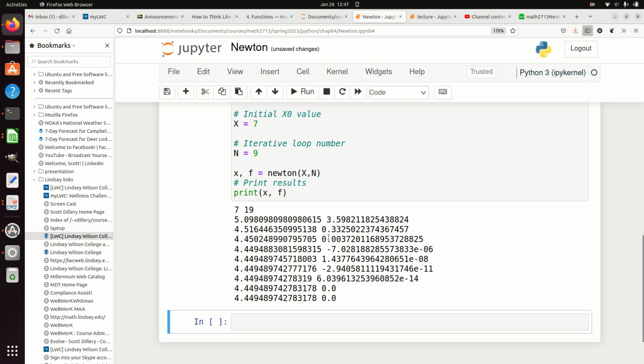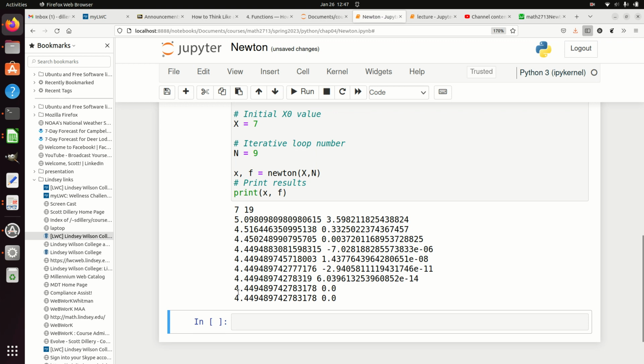But it keeps going, and we get down to 0.003. We get down to a y value of -7 times 10 to the -6th, then 10 to the -8th, then 10 to the -11th, 10 to the -14th. These are getting very small. And then we get 0. And of course, once we hit 0, it doesn't change.